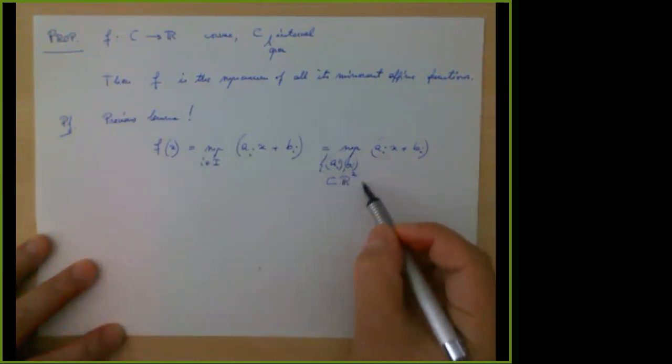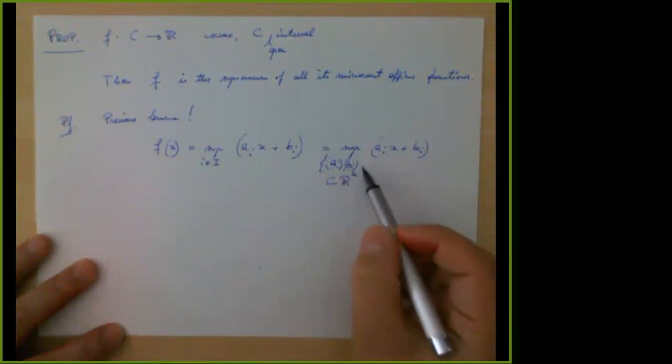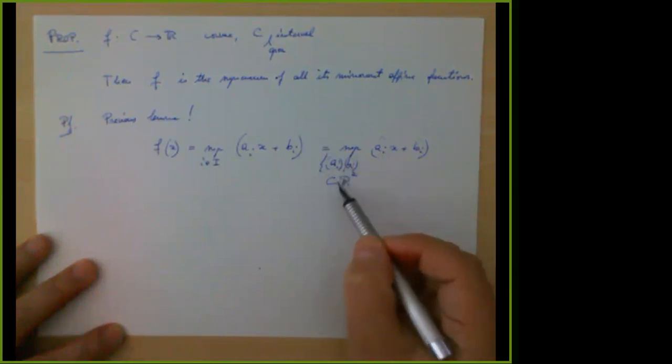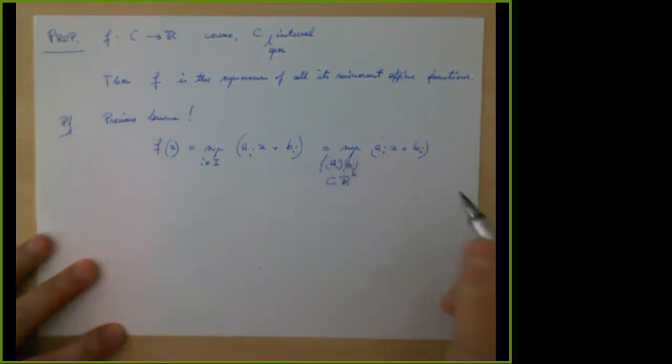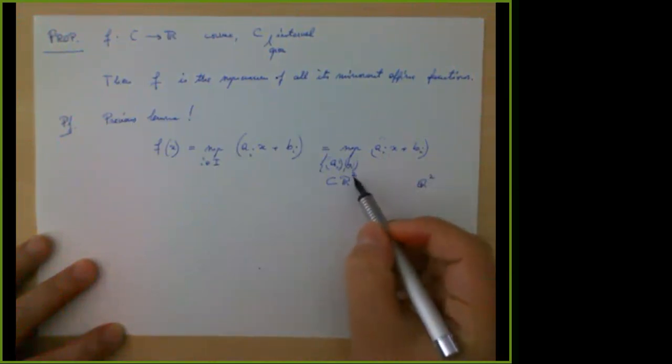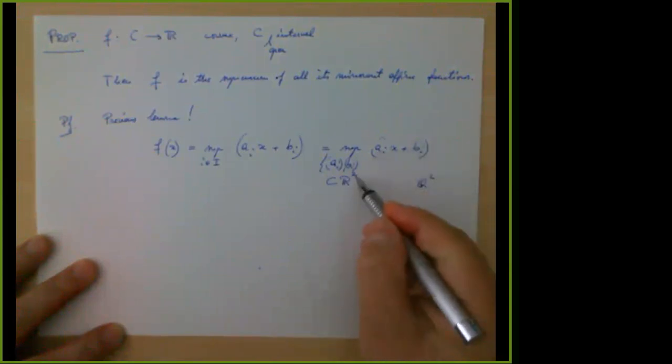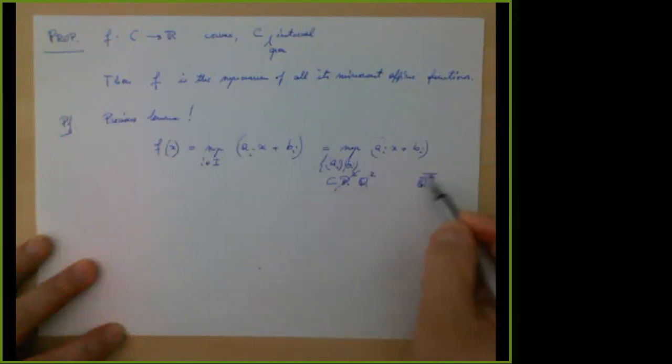And now, by an argument that we have already used a couple of times during the previous lectures, we know that there is a very nice countable subset of R^2, which is dense in R^2, which is nothing else than Q^2. So therefore, since this is a continuous function on this set, we can replace R^2 by Q^2.